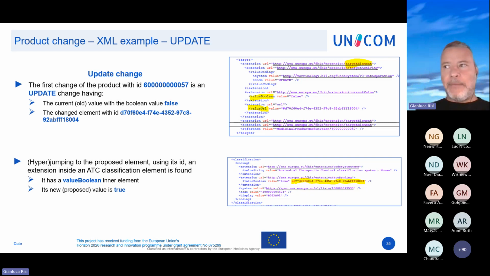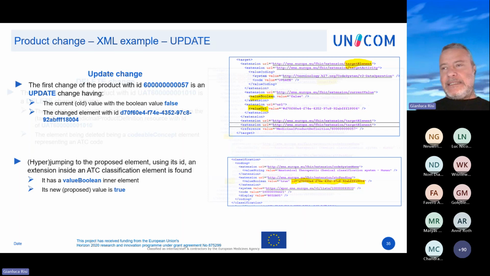In this case, it's a Boolean value. So the old value is false. And if we jump using the ID in the value URL value to the resource being changed, you will see that it's a value Boolean with value true. In short, this update change models a change of a value Boolean from false to true.